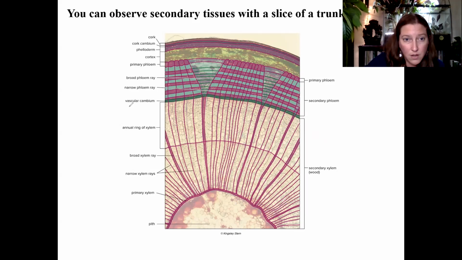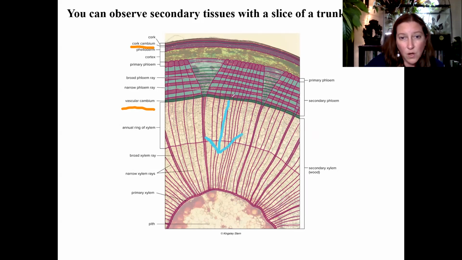You don't have to know everything on this drawing, but I'll point out things we've covered so far. First, look for the two lateral meristems, vascular cambium and cork cambium. I've already said it, but we'll say it again: the vascular cambium makes secondary xylem toward the inside, right?